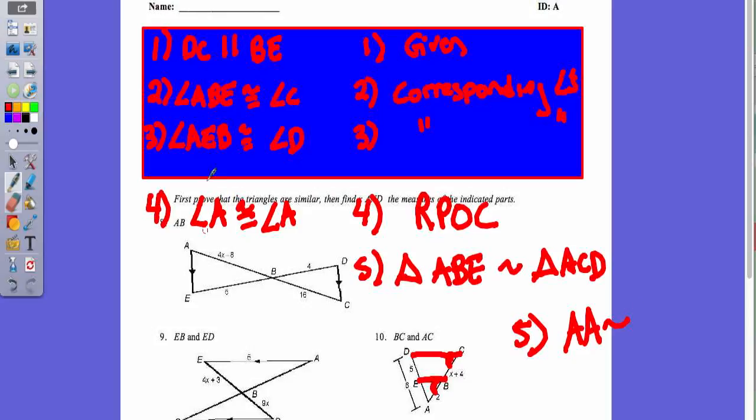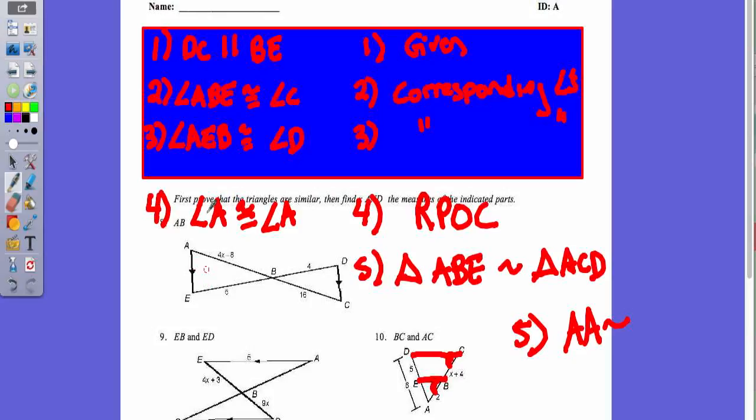So all of these have been 5-step proofs. Step 1 has been the parallel lines that they gave us. Step 5 has been the angle similarity. Steps 2, 3, and 4 have been 3 sets of congruent angles. You only need to do 2. So I don't care which ones you do. Any combination? Yes.